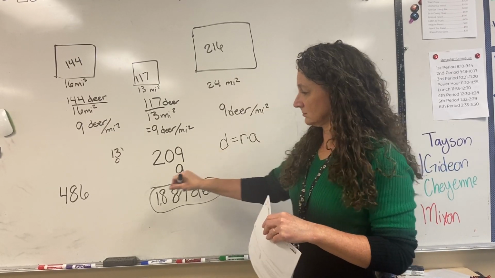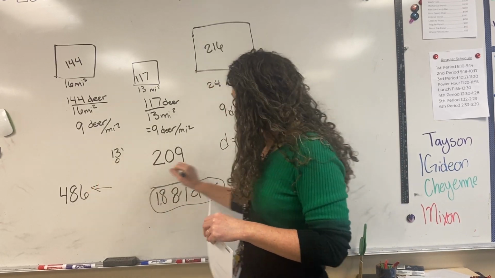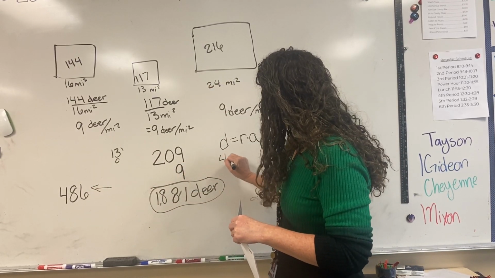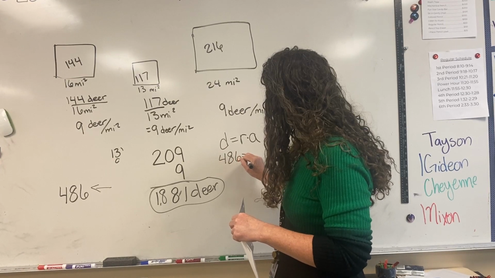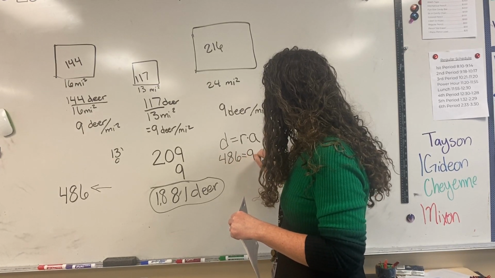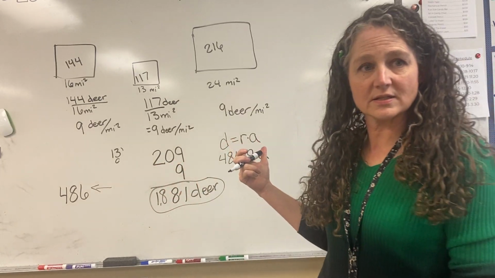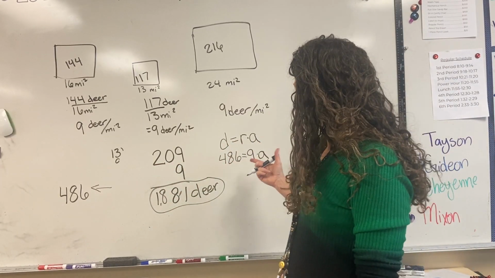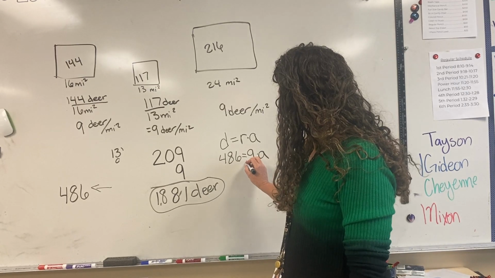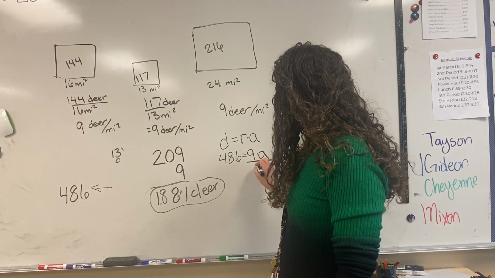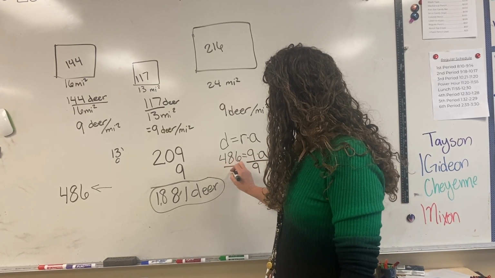Rate times 486. What's our unit rate? How many deer per square mile? 9. Can we figure out how many are there? Yes. Does this look similar to what we did a little bit ago? Yeah. How do we figure out how big of an area it is? So I'm going to divide both sides by 9.